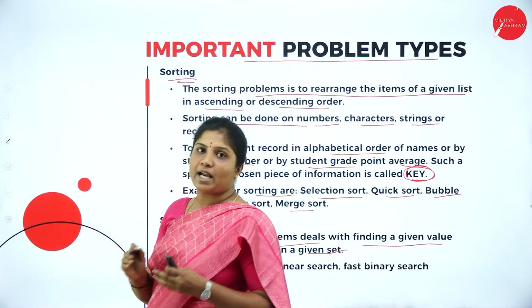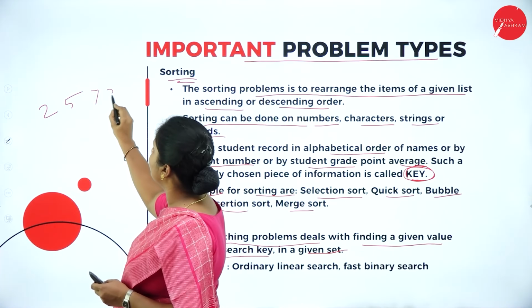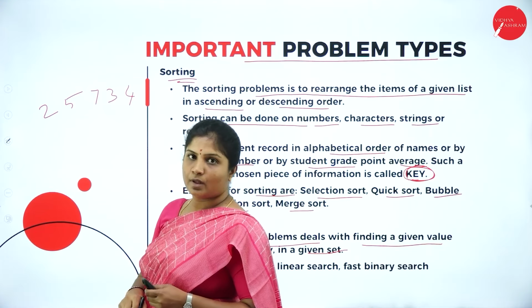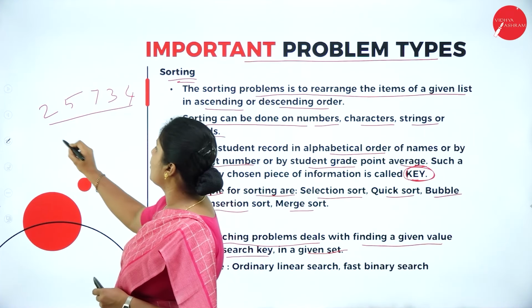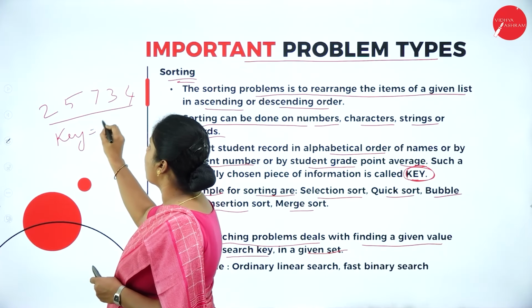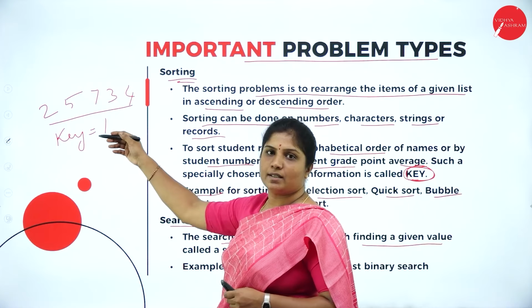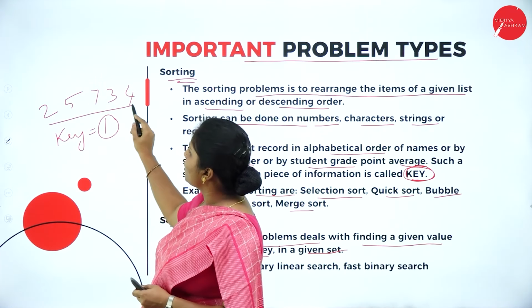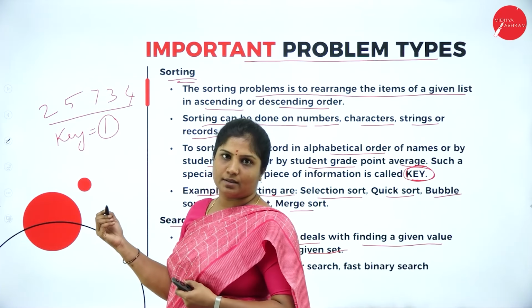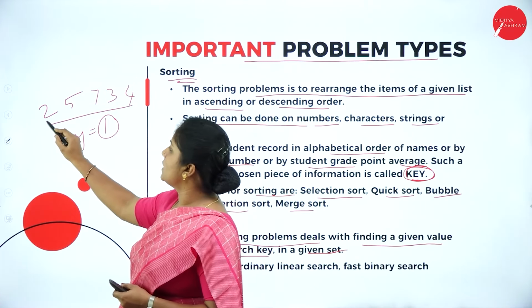For example, if I have an array list 2, 5, 7, 3 and 4, here I have 5 elements. I need to search for the key element 1. My search element is 1, that I am calling the key. By seeing it, I can tell 1 is not present, isn't it? But the algorithm goes on searching.